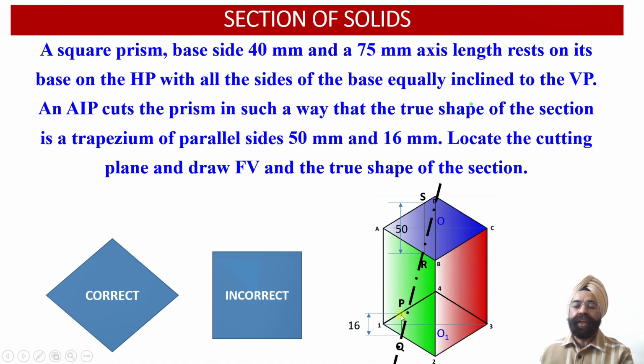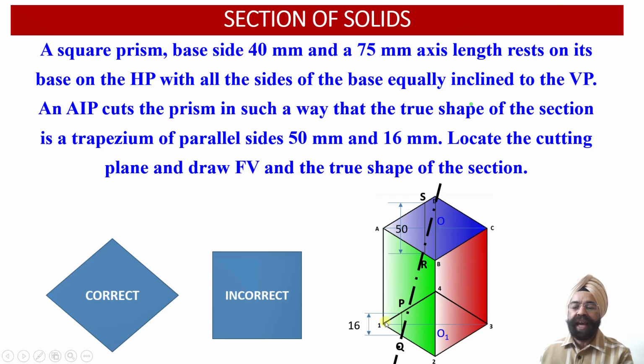So here we have assumed that the cutting plane cuts the two adjacent edges of the base in such a way that the distance between the 2 points of intersection, measured parallel to diagonal 2, 4 over here, works out to be one of the parallel edges of this trapezium, that is 16 millimeter.